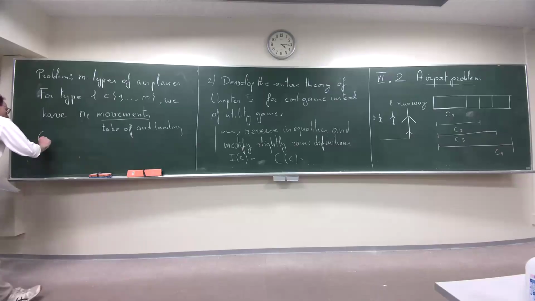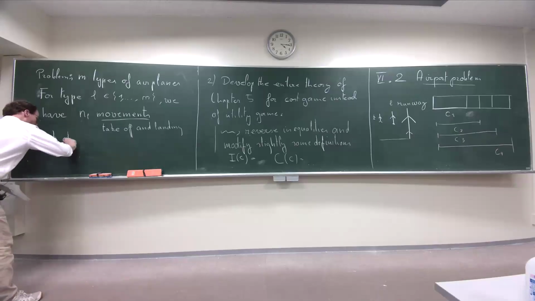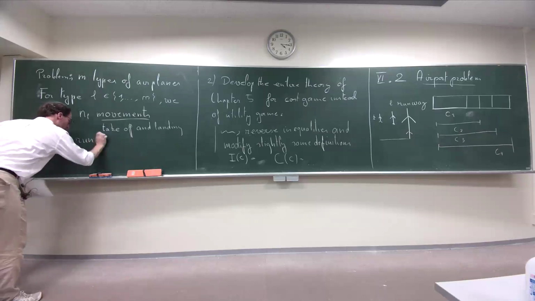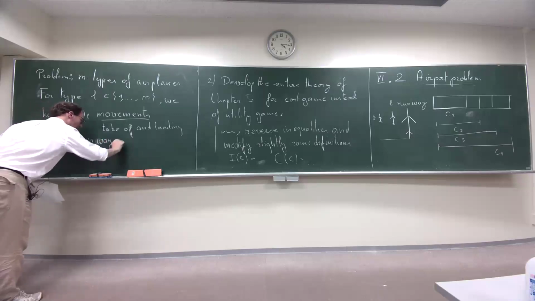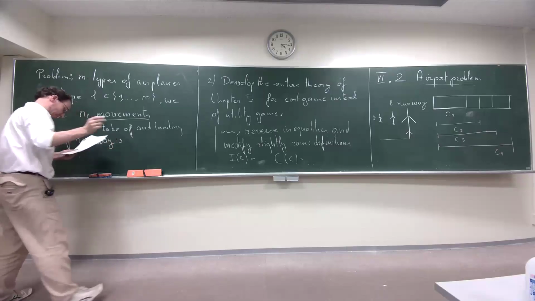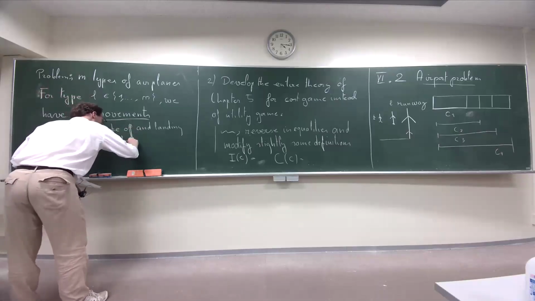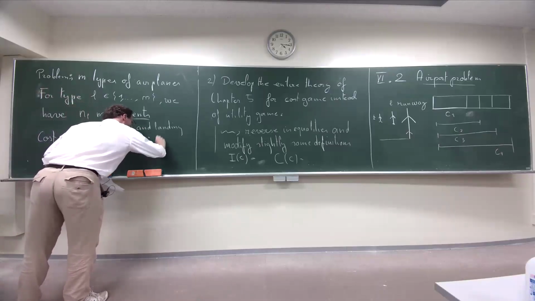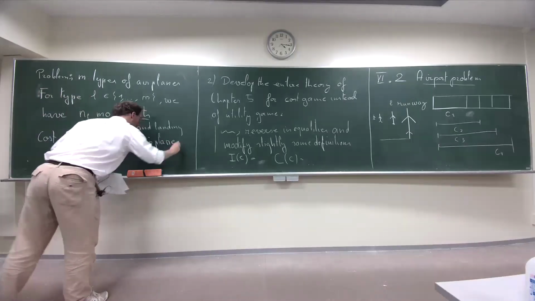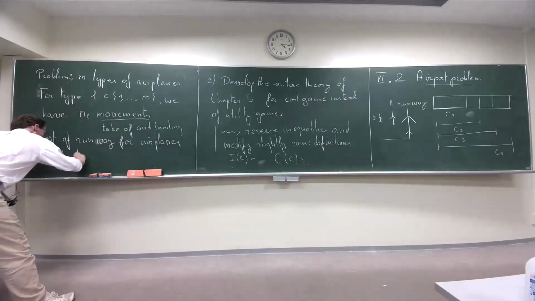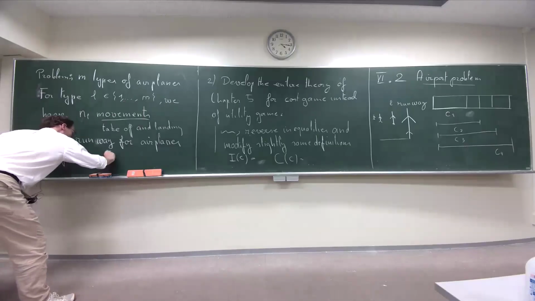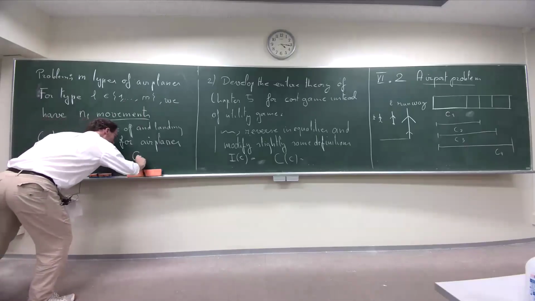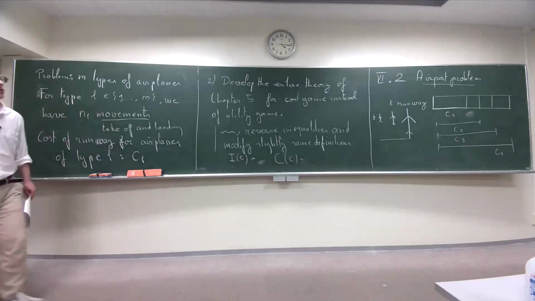And the cost of the runway for an airplane of type L is C_L, and this corresponds to my picture.